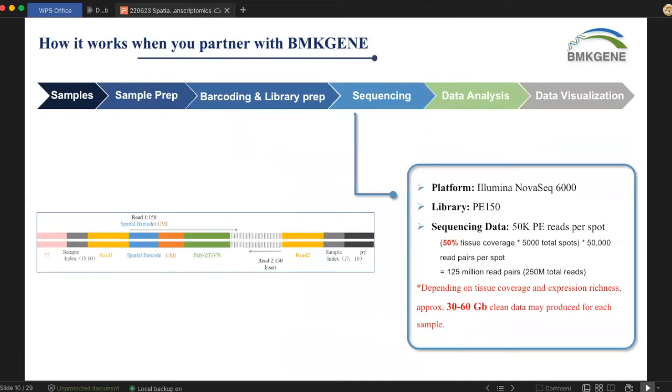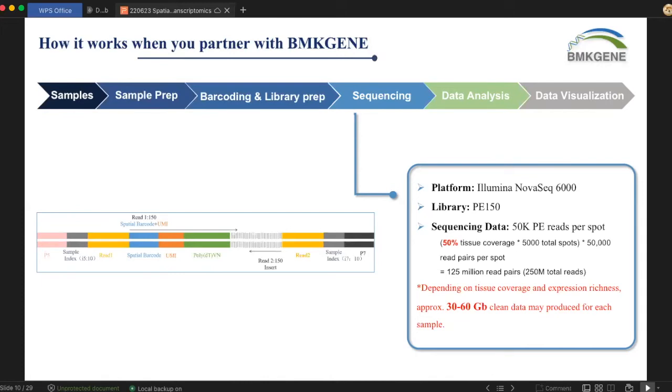So the main platform that we use for sequencing is Illumina NovaSeq 6000 with PE150. In terms of the sequencing data, based on our own experience, we recommend 50,000 read pairs per spot, which is roughly the number of reads needed to uncover most of the genes released from the tissues.